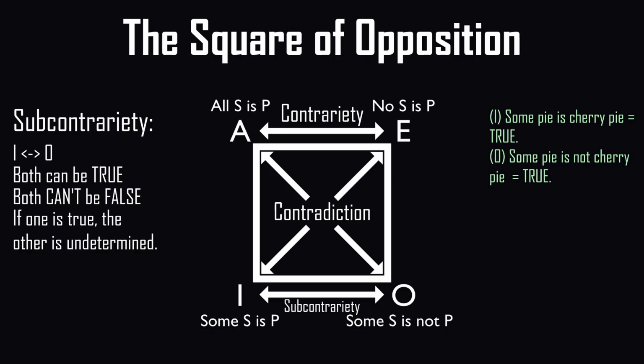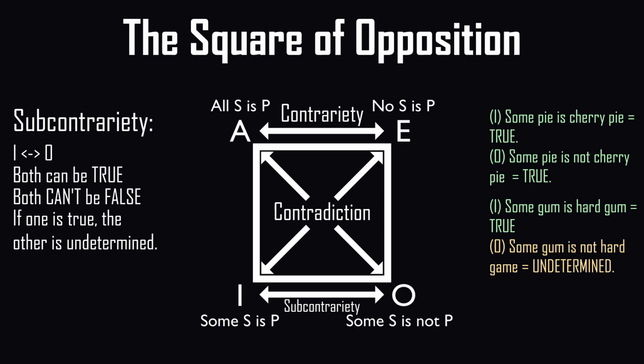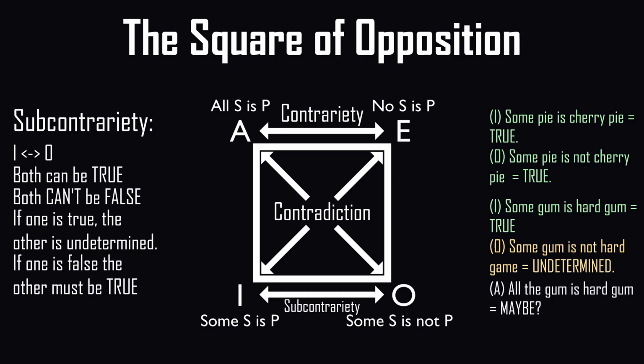If one is true, the other is undetermined. For example, if you say some gum is hard gum, there may or may not be some gum that is not hard gum. All the gum may be hard gum. And finally, if one is false, the other must be true. Like I said earlier, you have to have at least some is or some is not, or you have nothing.